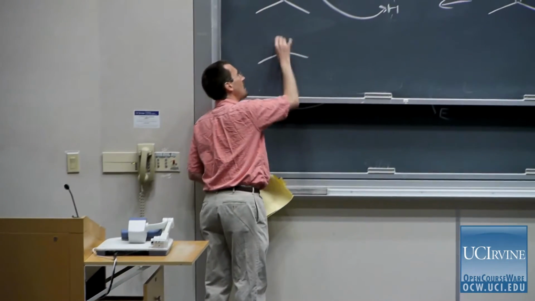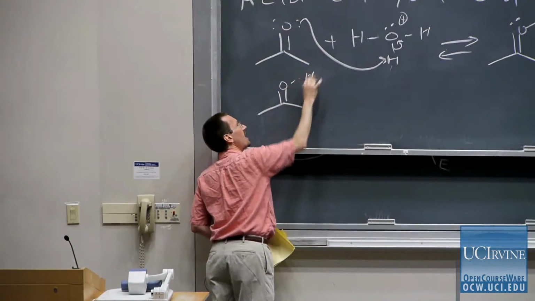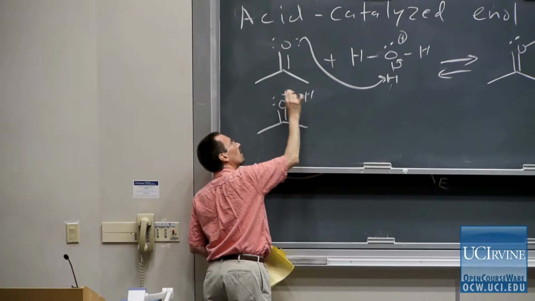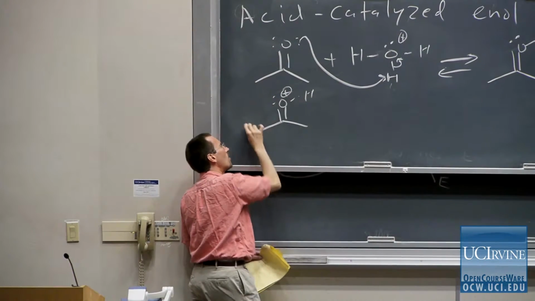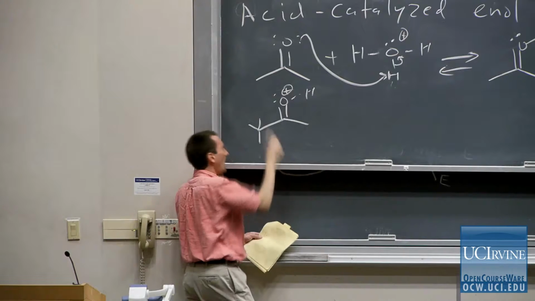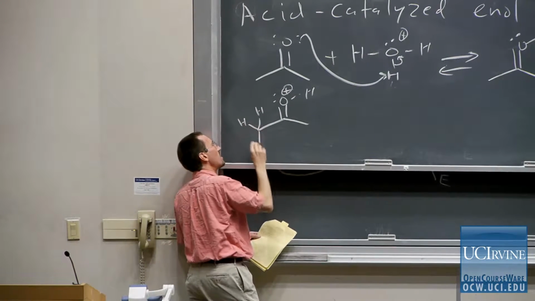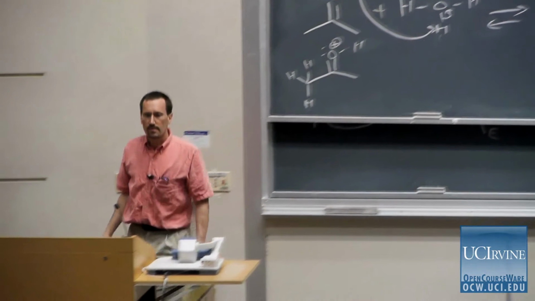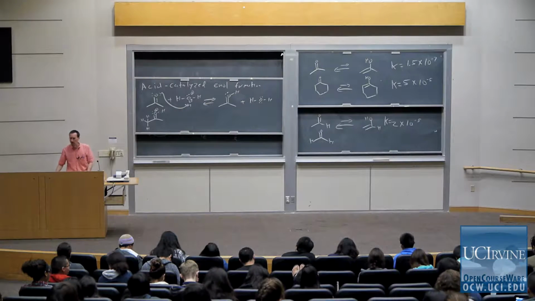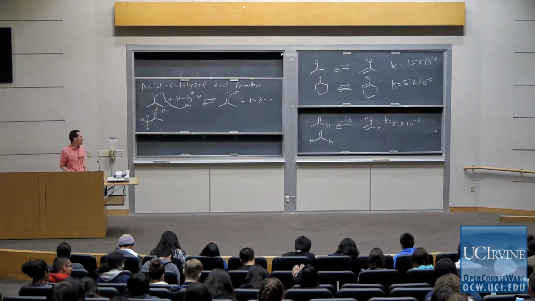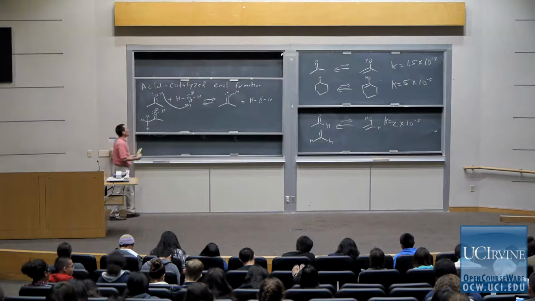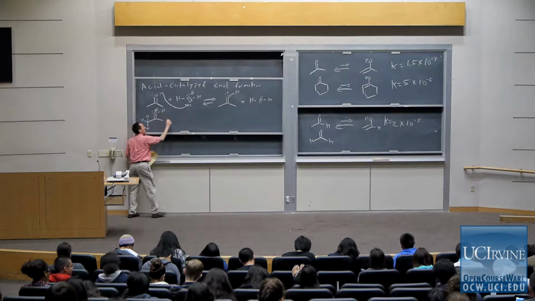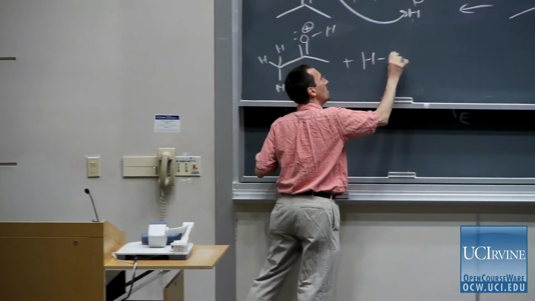I'm going to again draw our protonated acetone. And now I will explicitly draw in my alpha hydrogens because we're going to use them very often. When you're writing a mechanism or thinking about a mechanism, you will write different parts of a molecule at one time.